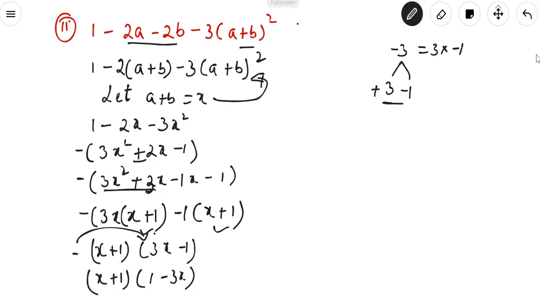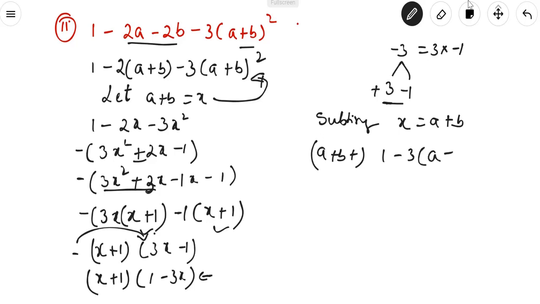Now what I have to do is substitute back, or putting back also you can say. That is, the x value we have taken is a plus b in this equation. So the equation becomes a plus b plus 1, and 1 minus 3 into a plus b.